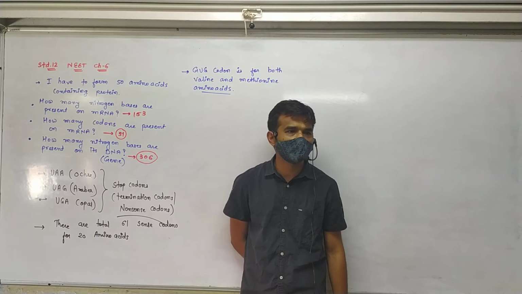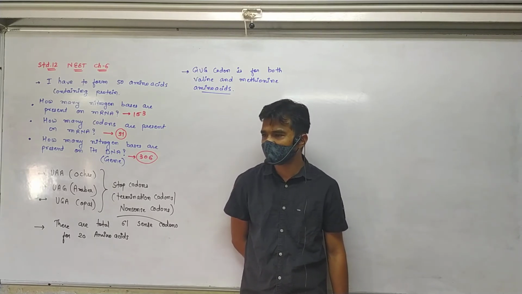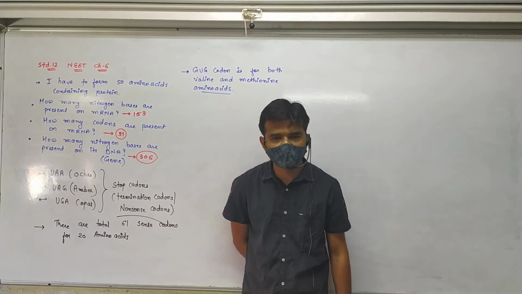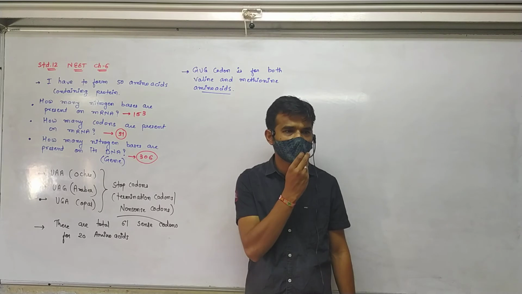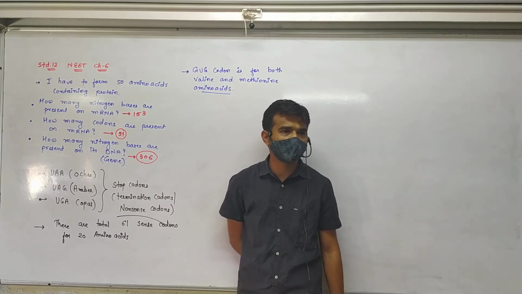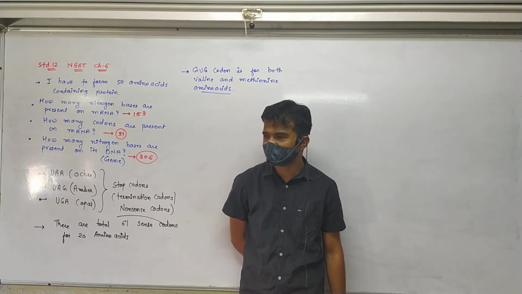So the Lac operon is polycistronic, because three genes simultaneously produce the three enzymes. Gene Z produces the beta-galactosidase, gene Y produces the permease, and gene A produces the transacetylase.